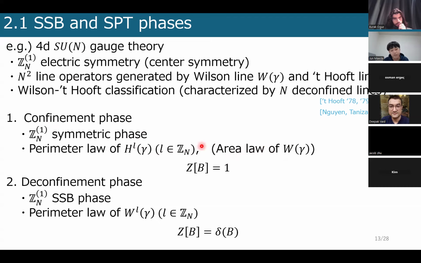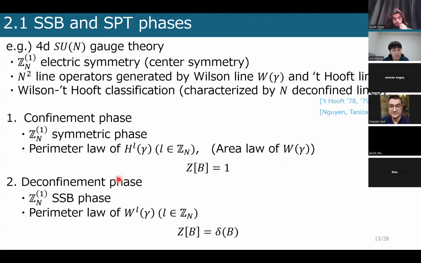So we should consider which kinds of lines are obeying the perimeter law to detect the gapped phases. And the confinement phase is the one-form symmetric phase, so the twisted partition function behaves like a constant function.